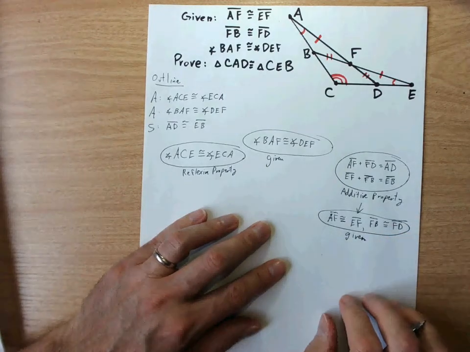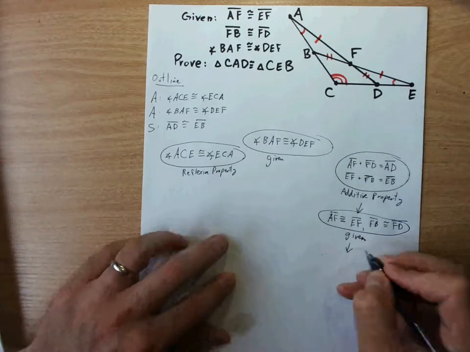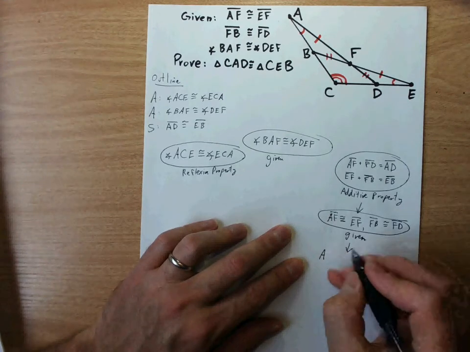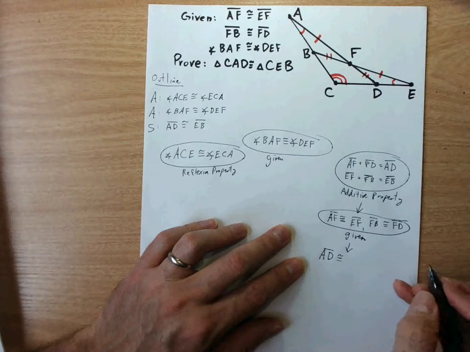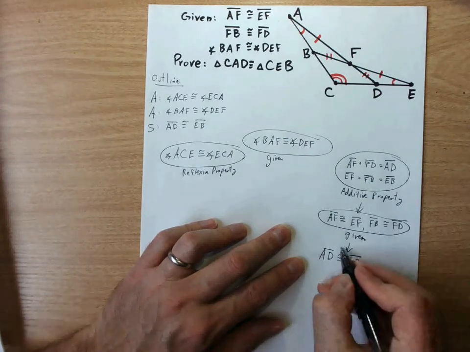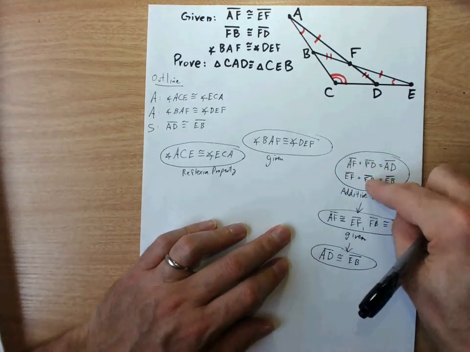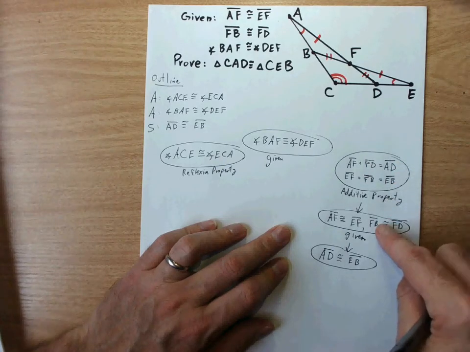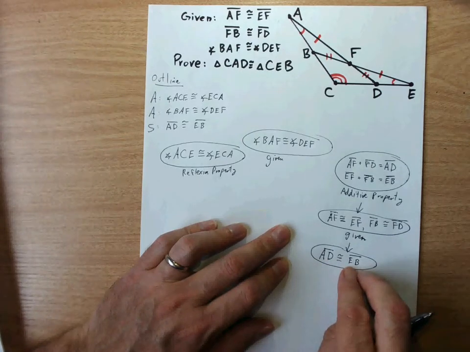And so now with those two things, I can say with confidence that segment AD is congruent with segment EB. Okay? You can say, I added them up, and then I used what was given, and now I can say these are congruent to each other.